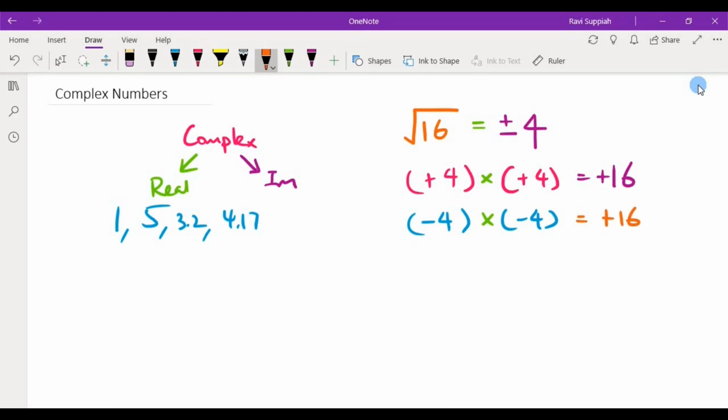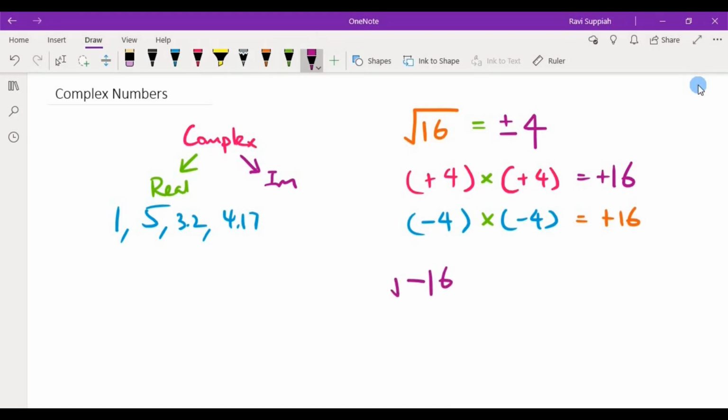So as you can see, whenever I square root a number, I will always get some answer, but I must put a plus or minus in front, because positive times positive will give me positive, and negative times negative will give me positive.